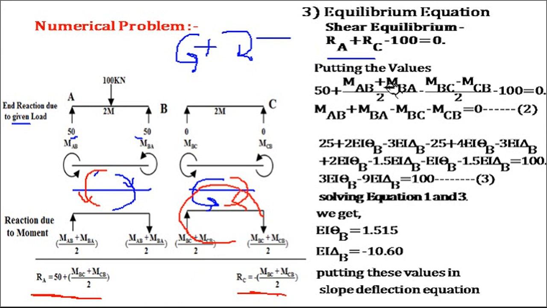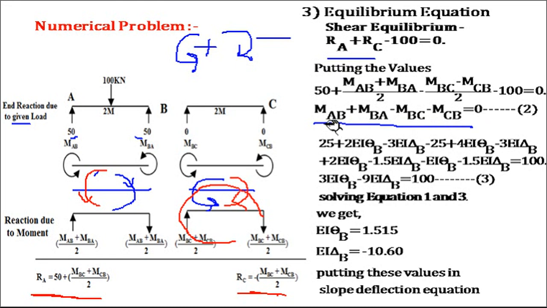Okay, MAB plus MBA upon 2. Here it is correct, but here it should be BA. Okay, minus MBC plus MCB upon 2 minus this 100 equal to 0. And if you solve this, we will get this equation MAB plus MBA minus MBC minus MCB equal to 0.